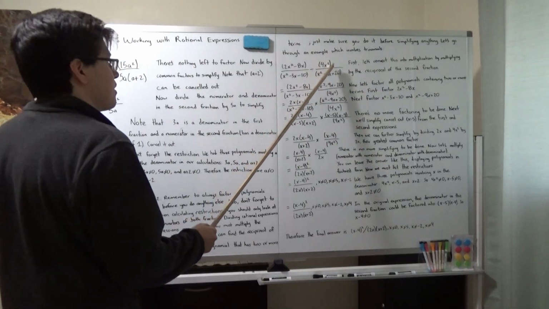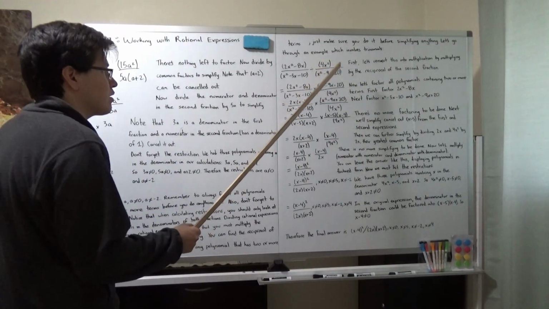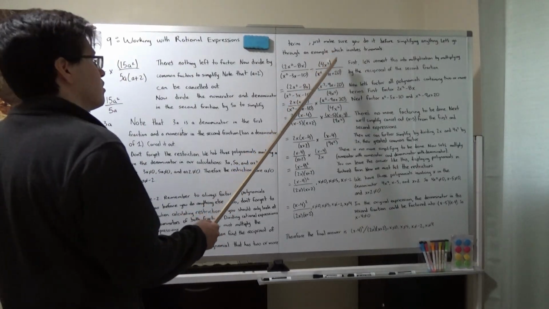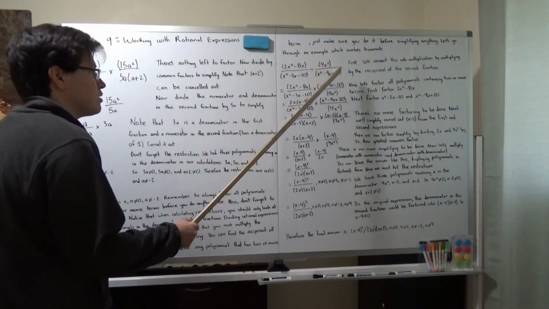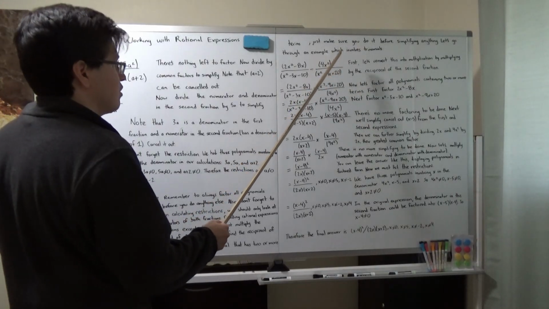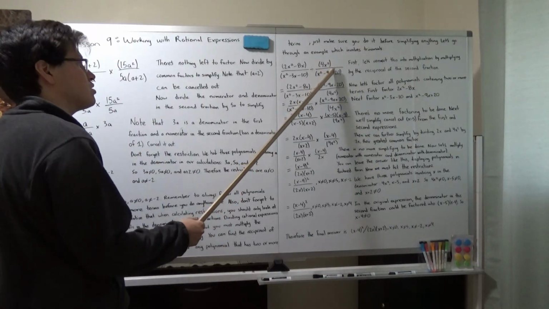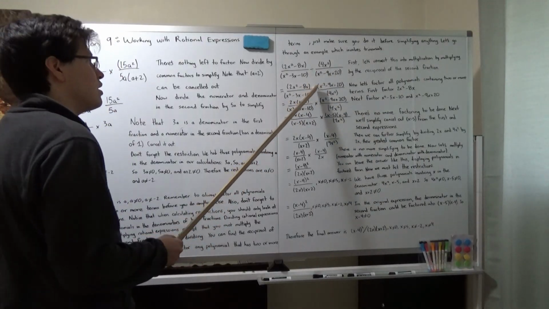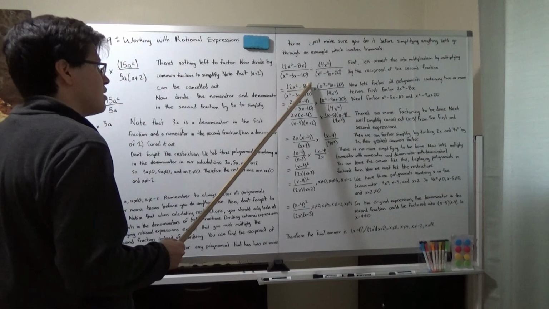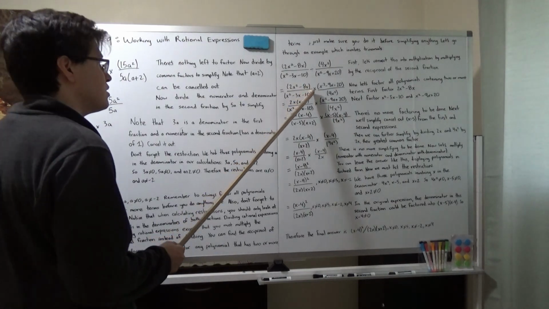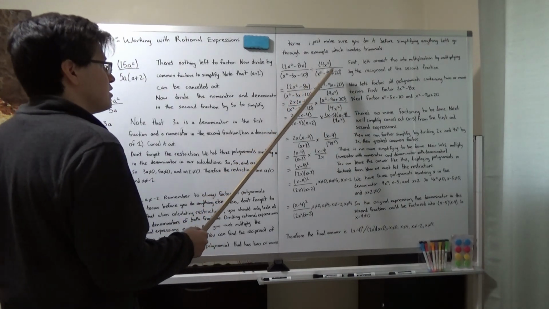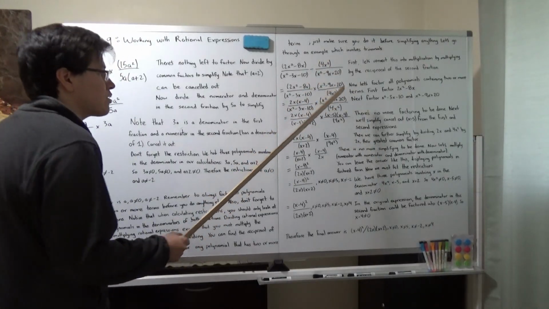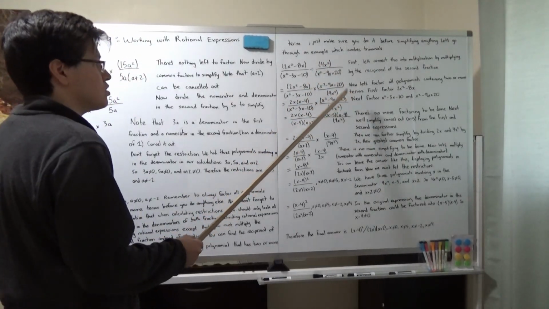Before we factor anything, we should always multiply by the reciprocal when we're dividing. So we find the reciprocal and change this to a multiplication sign. We get 2x squared minus 8x over x squared minus 3x minus 10 times x squared minus 9x plus 20 over 4x squared.